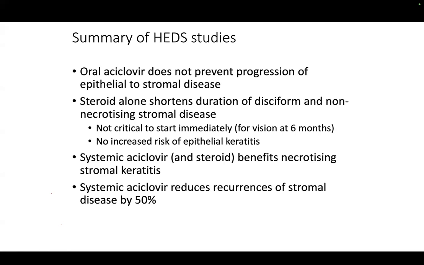So in those patients, you've got multiple episodes of herpes simplex keratitis, and bearing in mind, every time they have an episode, the cornea gets a bit more scarred, a bit more irregular. Then I will often give them the option of going on oral acyclovir, which is 400 milligrams twice daily, as a way of reducing the risk of recurrence.